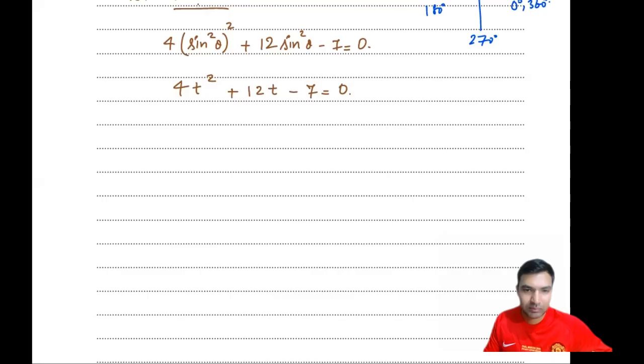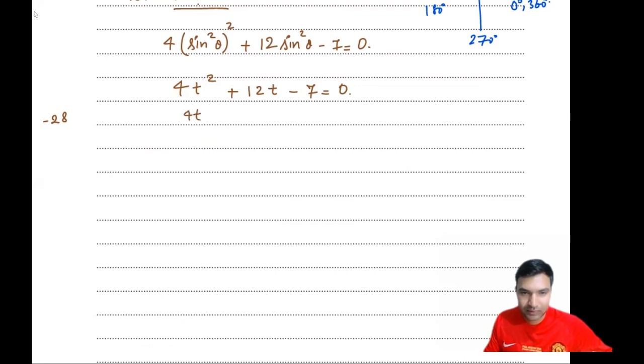So now we need to solve. Negative 7 times 4 is basically negative 28. So two numbers whose product is negative 28 and the sum is 12. So that's basically plus 14 and minus 2. Okay. So if I solve this, I'll basically get this equation. Are you getting this? Okay. So you could also do it this way.